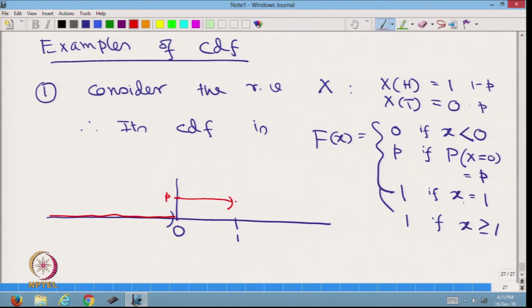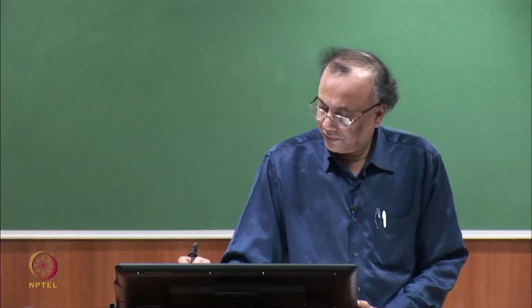Now, at 1 the probability is 1 minus p. Therefore, the probability that x is less than or equal to 1 is going to be 1. So at this point it jumps to 1 and after that it continues like this. So, this is the graph of the CDF of x. Let me now give you another example.